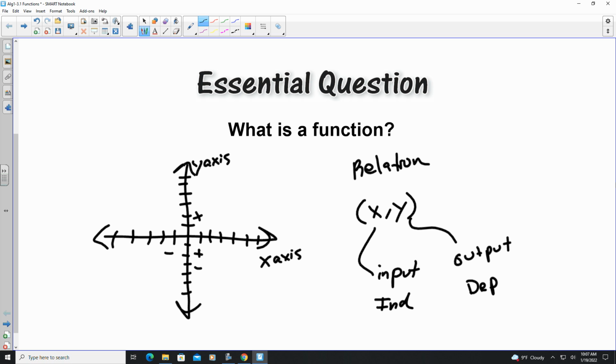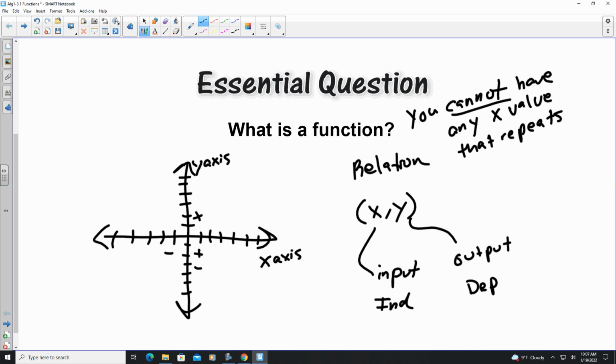So when they say that you have a function, it's a relation where for each input there's exactly one output. What that really means is, for a relation to be a function, you cannot, I repeat, you cannot have any x value that repeats.